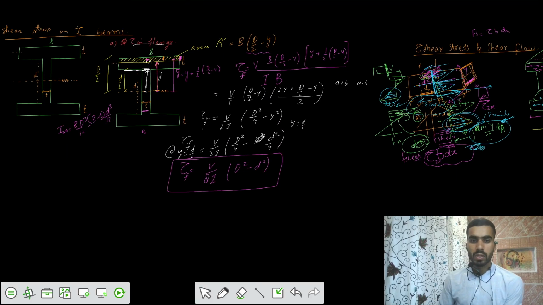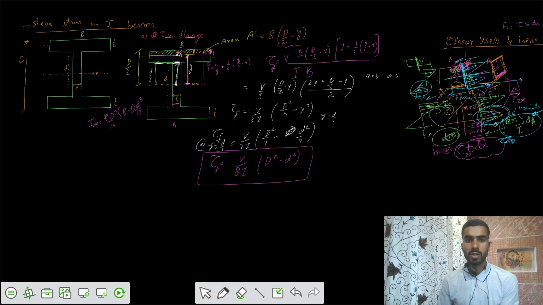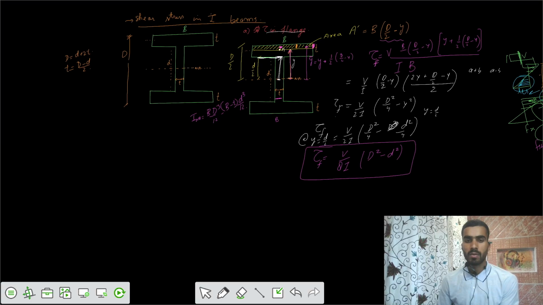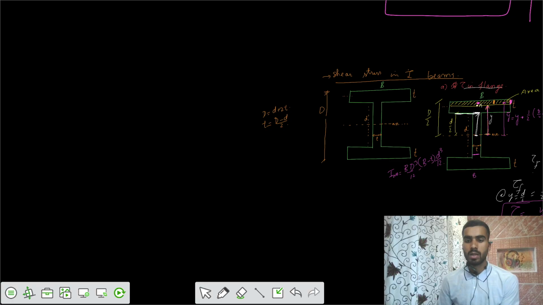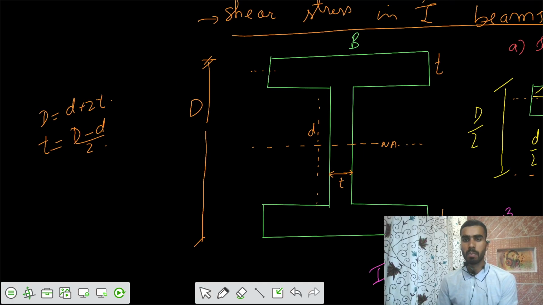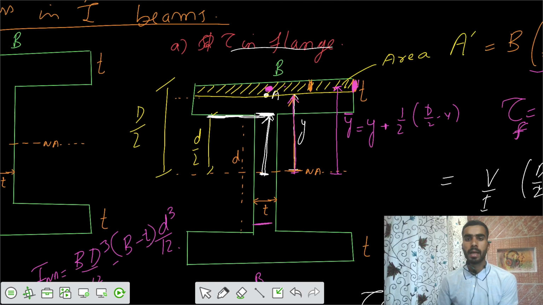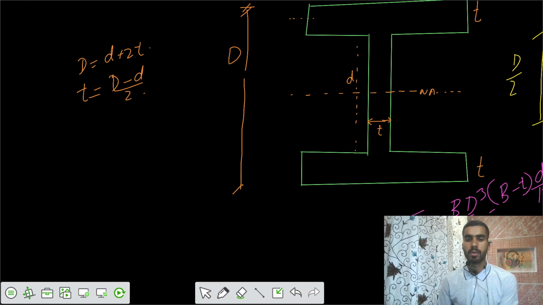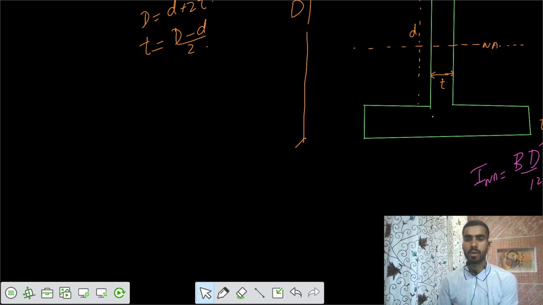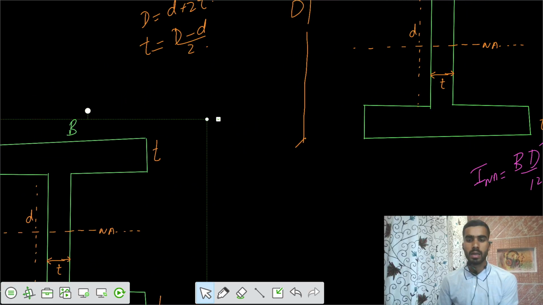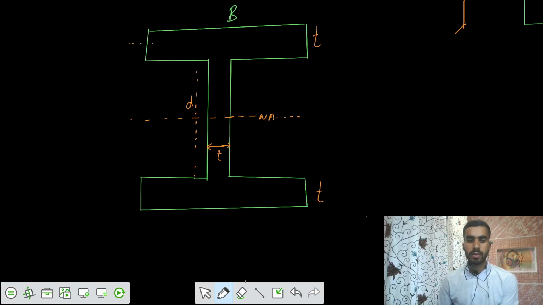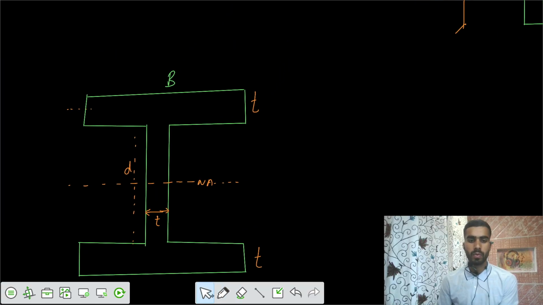Now we want to talk about the shear stresses in the web part. Let's take that web part now. Let's say this is the web, this is the flange.